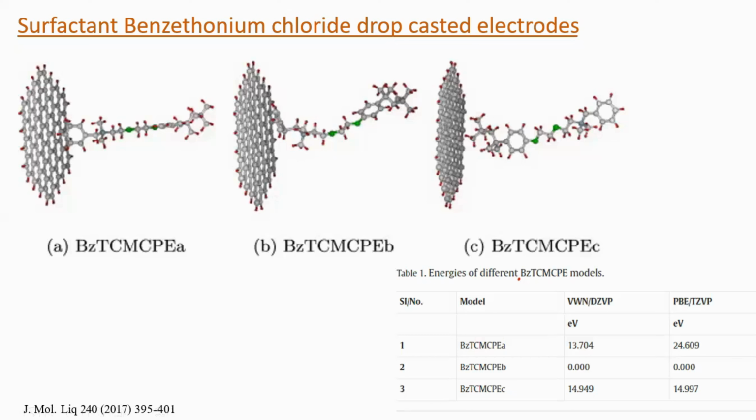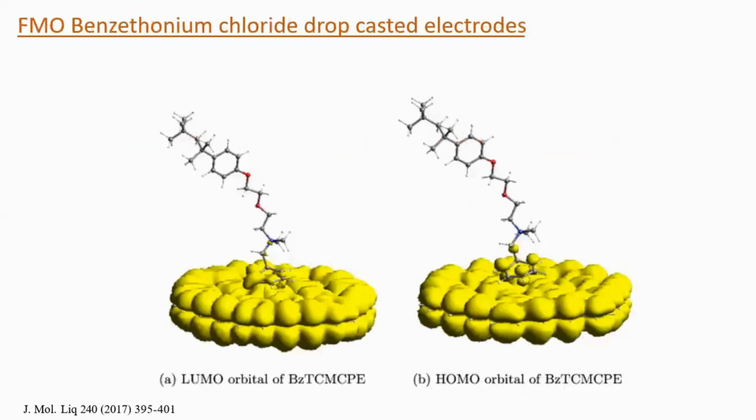Now, one additional parameter we know from the quantum mechanics, right? Because we are going more to the atomic scale to know what is happening at the electrode interface, we used the HOMO-LUMO concept here.